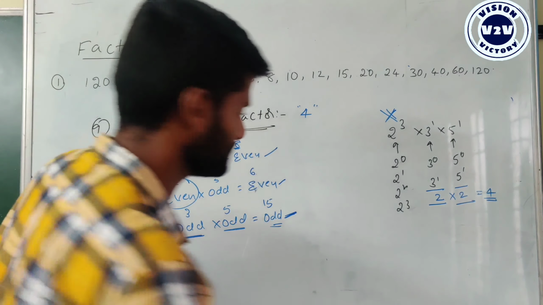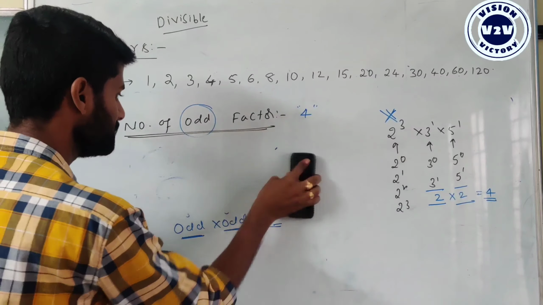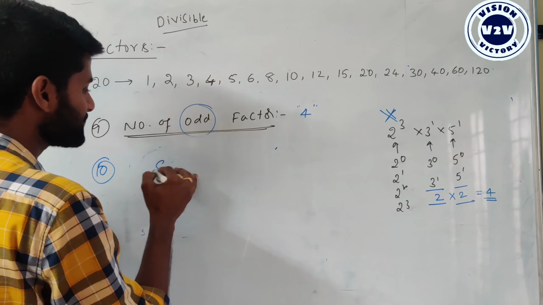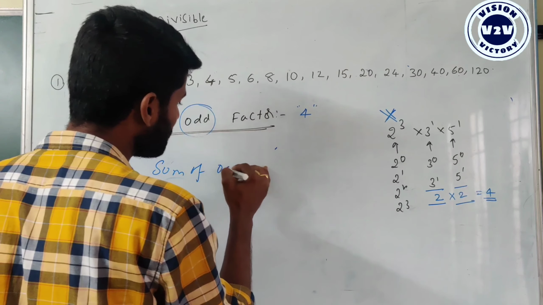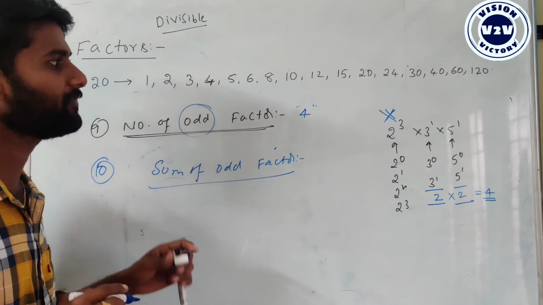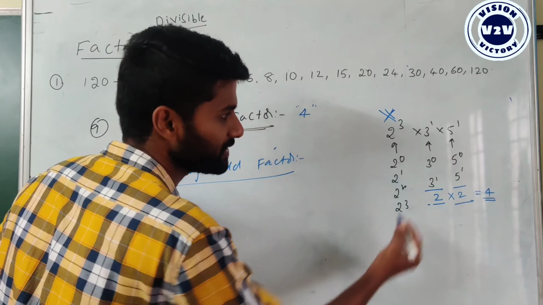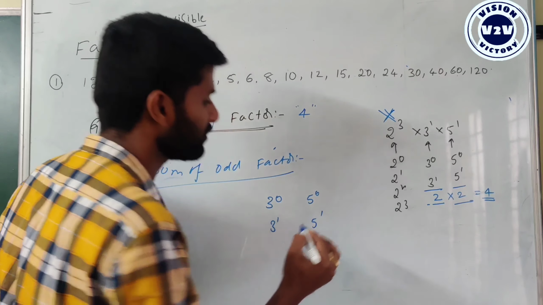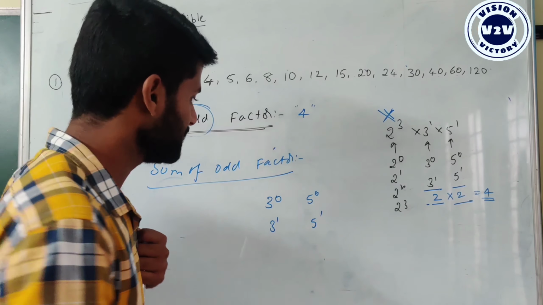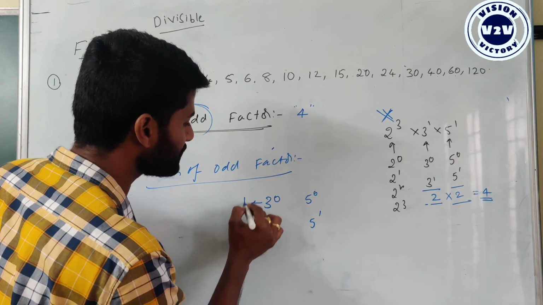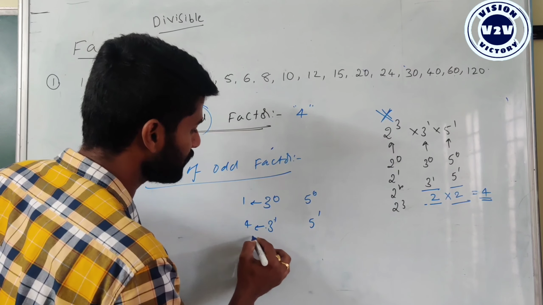Okay? And same thing, for example, same question, same model: sum of odd factors. So he said that we need to add only odd factors. Sum of odd factors means we need to add these numbers only. Here 3 power 0 and 3 power 1, here 5 power 0 and 5 power 1. Focus on only odd numbers. So 3 power 0 and 3 power 1: if you add these numbers, 1 plus 3, which is 4 here.